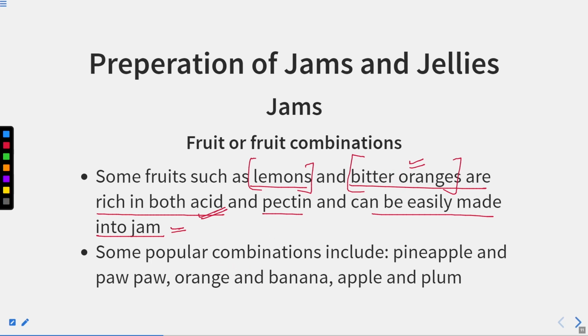Some popular combinations include pineapple and pawpaw, orange and banana, and apple and plum. So these are some of the combinations of the fruit that are generally preferred by the consumers, like pineapple and pawpaw, orange and banana fruit jam, and apple and plum.